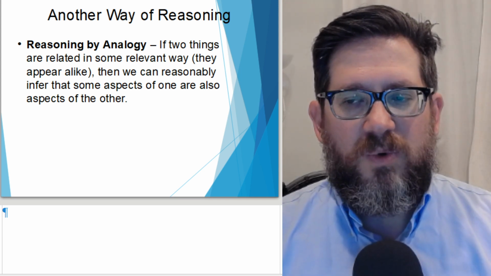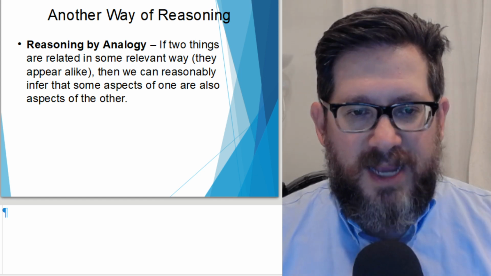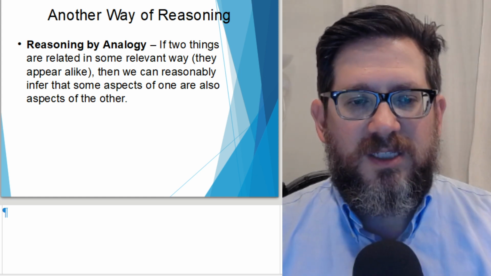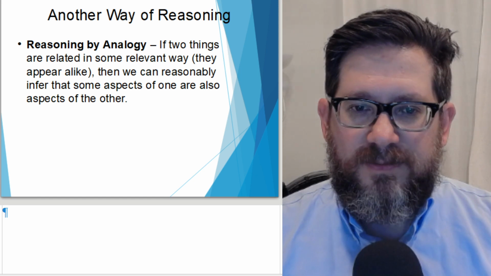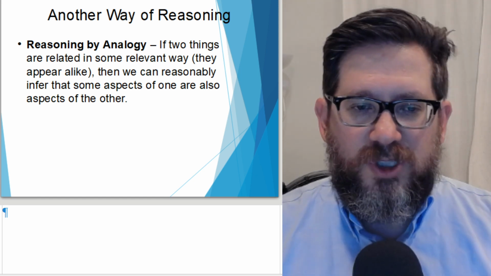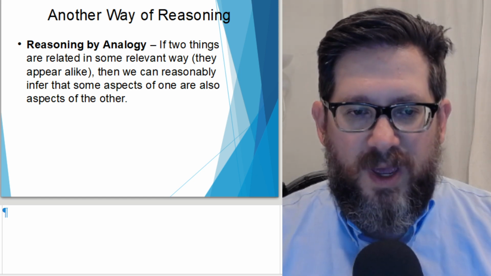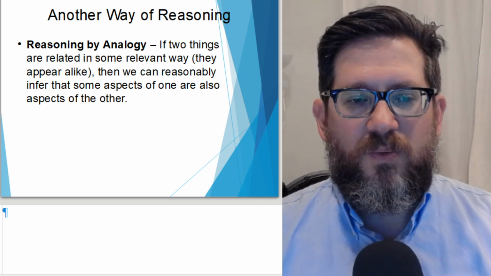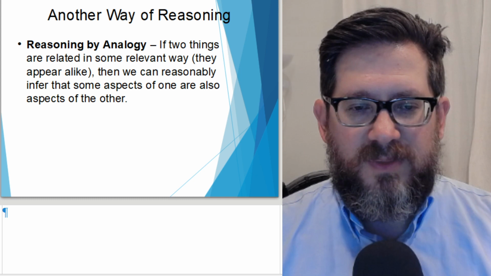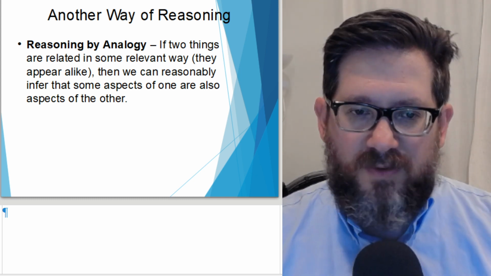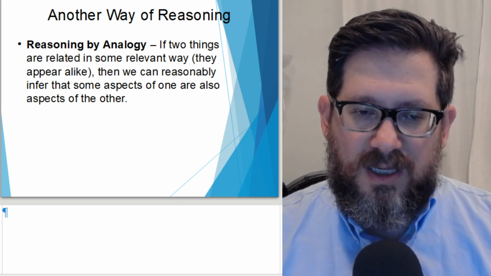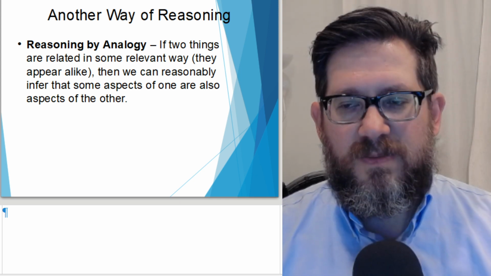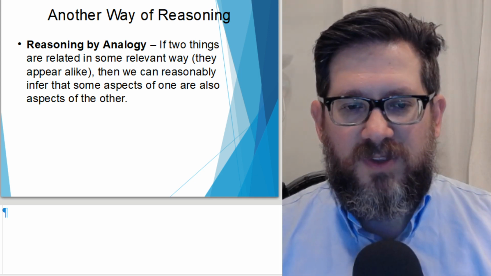Okay, what is reasoning by analogy? Basically, it says if we have 2 things that appear to be related in a relevant way, they appear alike, then we can reasonably infer that something that is an aspect of one of those things is likely to also be an aspect of the other thing.